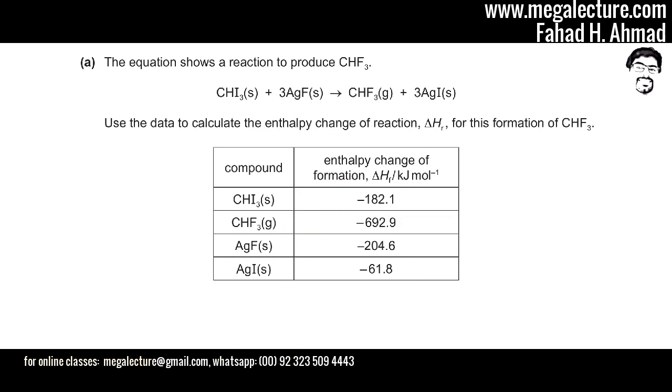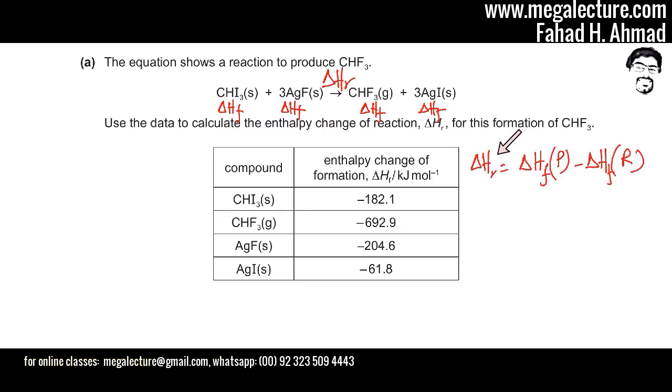So if you know the enthalpy of formation of all your reactants and also your products, then the enthalpy of that particular reaction can be easily obtained by using the formula, which is that the enthalpy of reaction is basically the sum of the enthalpy of formation of products minus the enthalpy of formation of reactants.